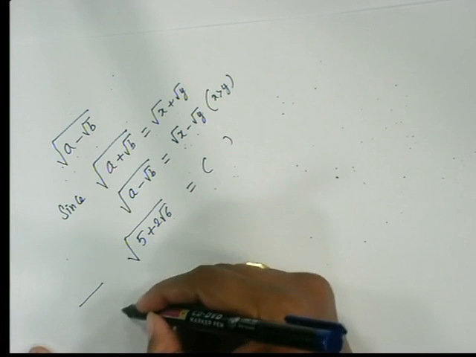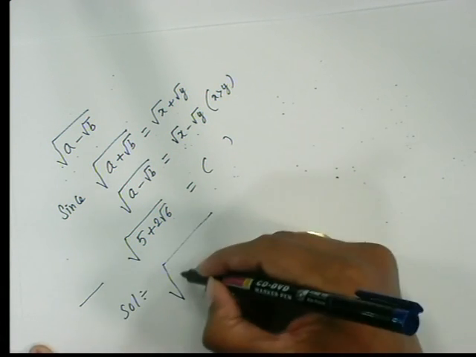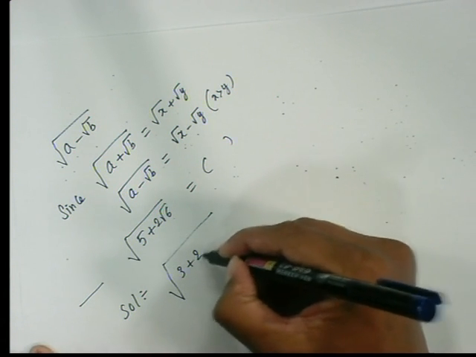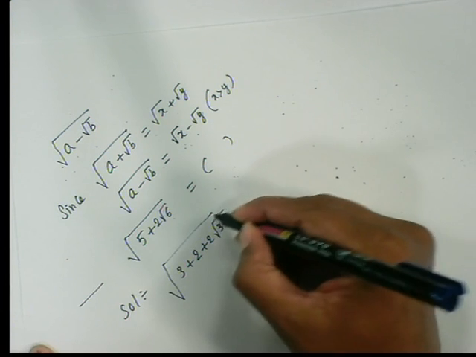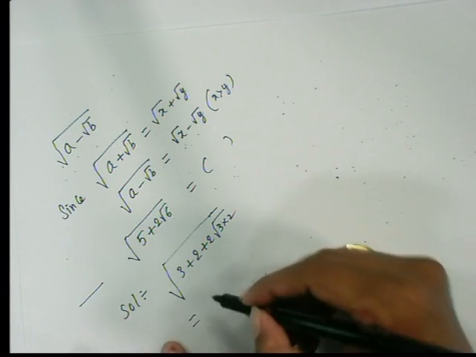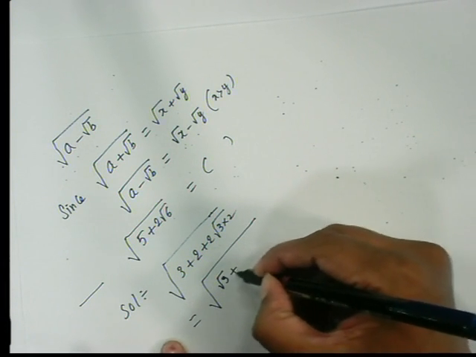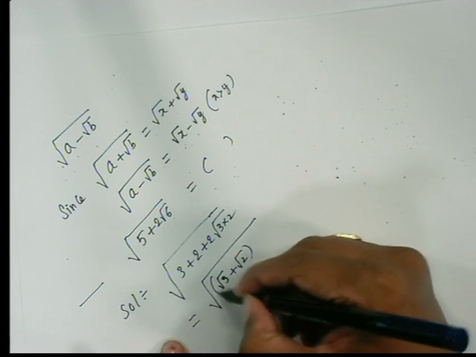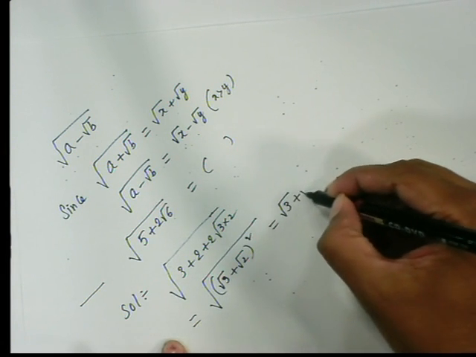So, now here the solution: this 5 can be written as 3 plus 2 plus 2 root of 3 into 2. This equals, we can write, root 3 plus root 2 whole square. So, this equals root 3 plus root 2.